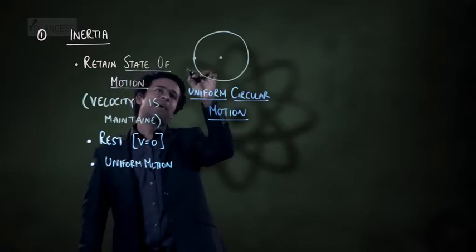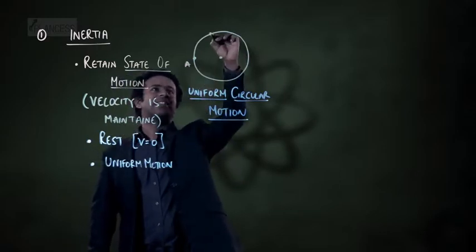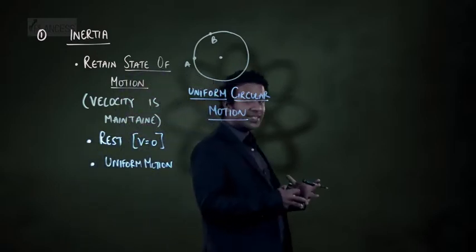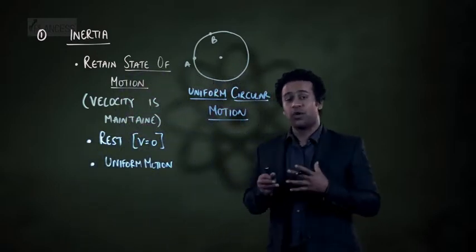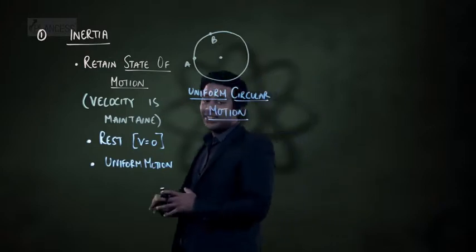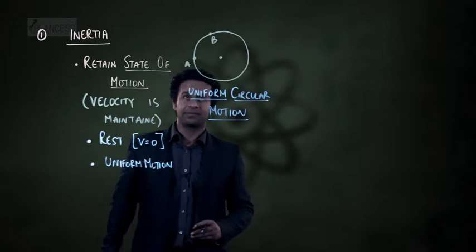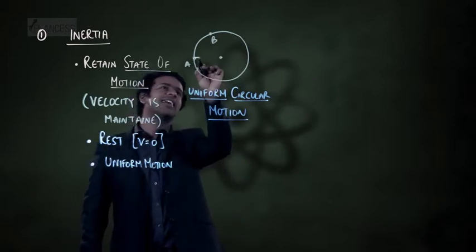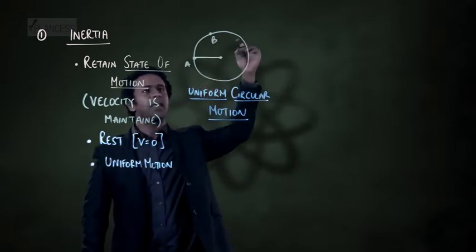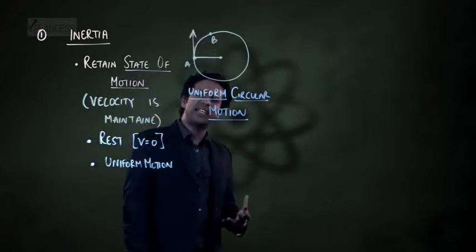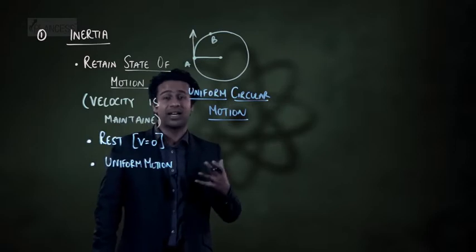Let's consider the particle at 2 points, point A and point B. Now, when something moves in a circle, its velocity is always tangential to its position when joined to the center. So, if we join this line to the center, you would see that the velocity is perpendicular to this line and is basically a tangent to the circle at that point.